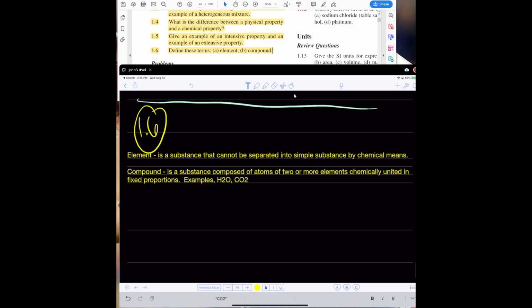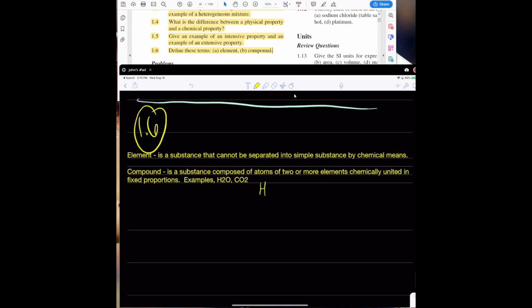CO2, C6H12O6. But we'll leave it at that simple. H2O, CO2. And those would look like this. Right?